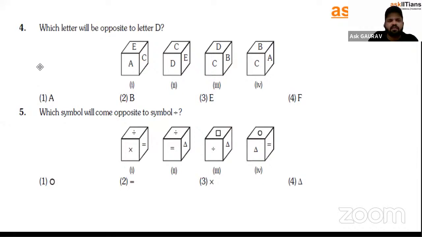If it is clear, then answer this. Question number 4. Which letter will be opposite to letter D? Observe the dice and evaluate the information. Then you can easily get which option will be right.